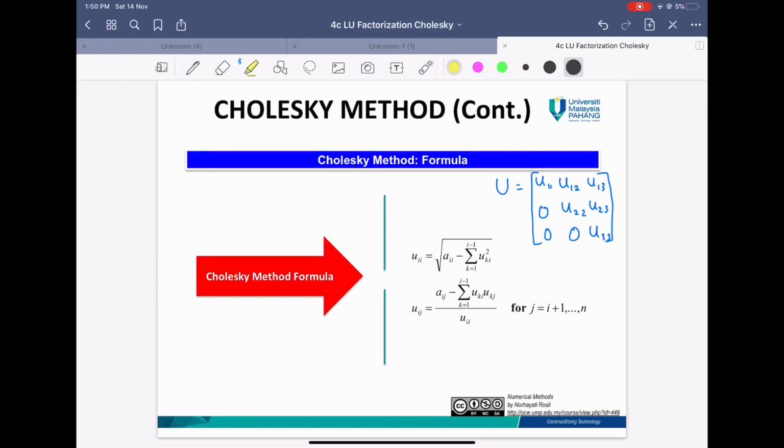The first formula is for Uii, and the second formula is for Uij. Uii means i is equal to j, which is for the elements U11, U22, U33; you have to use this formula. For the other elements where i is not equal to j, which are U12, U13 and U23, we have to use the other formula.